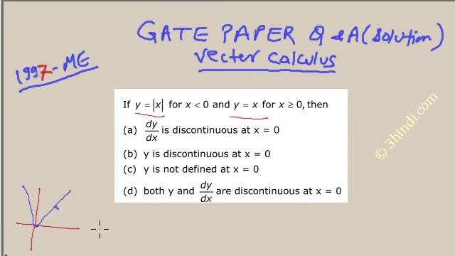So the slope is definitely discontinuous, one is positive and one is negative. y is not discontinuous, only dy over dx is discontinuous, because here the slope is minus 1, and here the slope is 1. If you plot the slope dy over dx, it is something like this, so it is discontinuous.